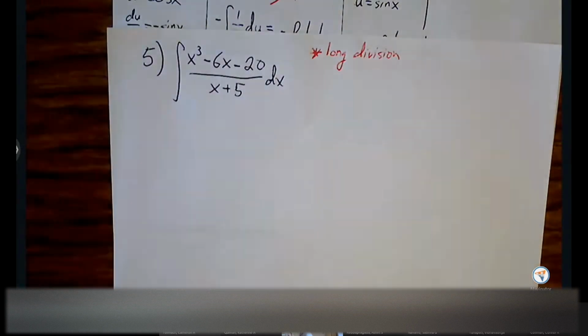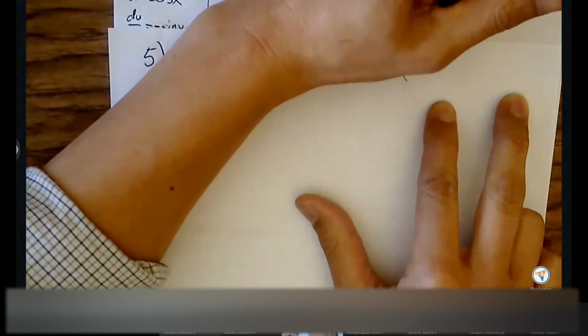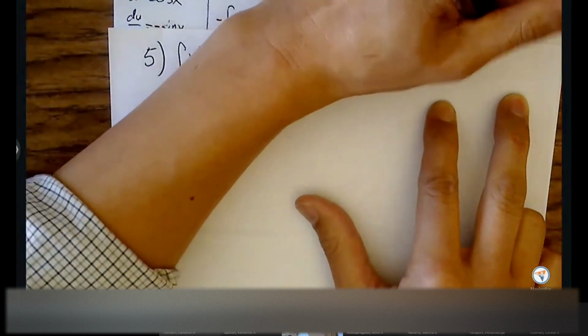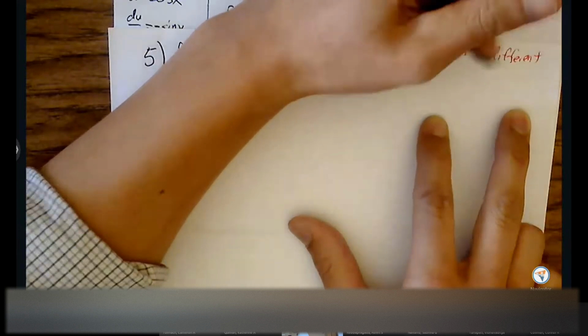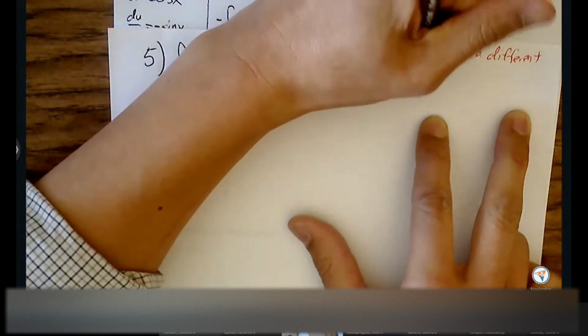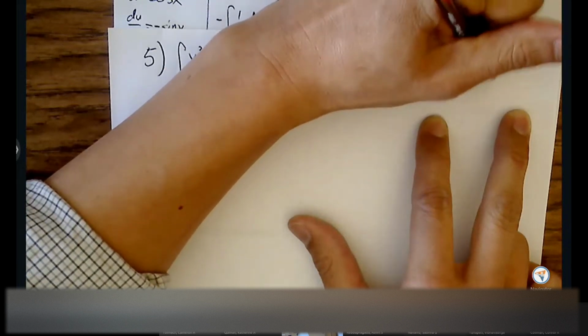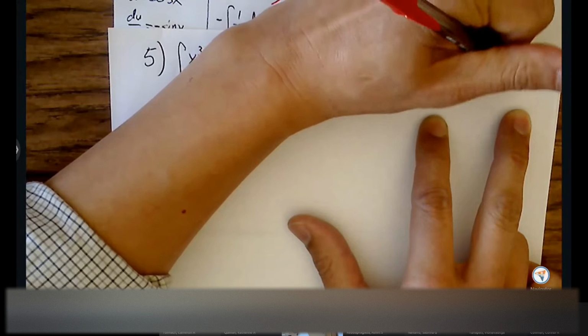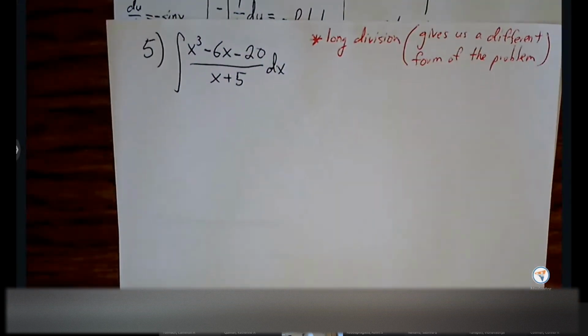Our integral rules are so restrictive that we have to get the problem into that specific form before we can use them. So we're going to practice getting that form.